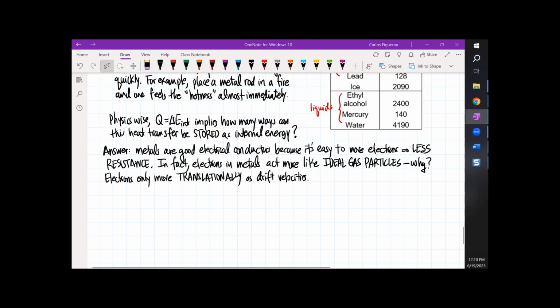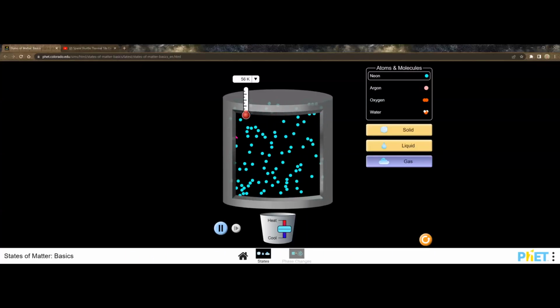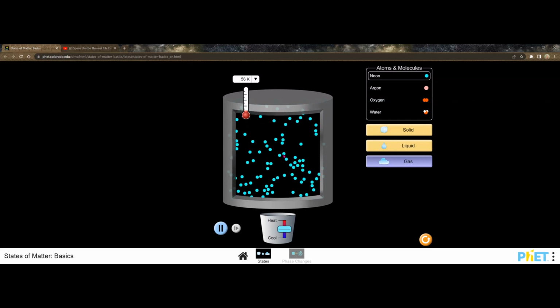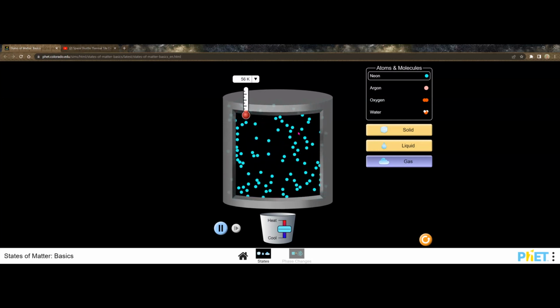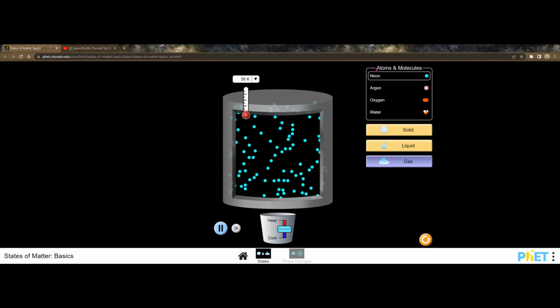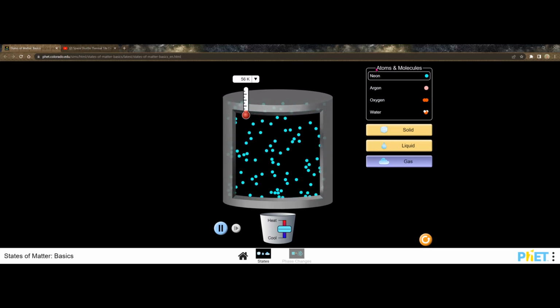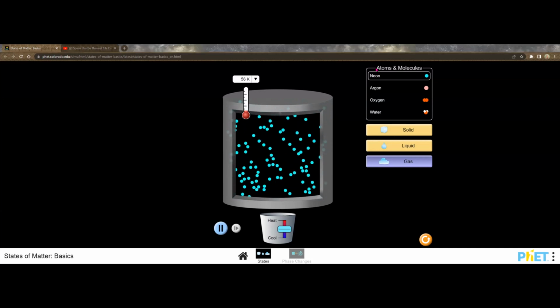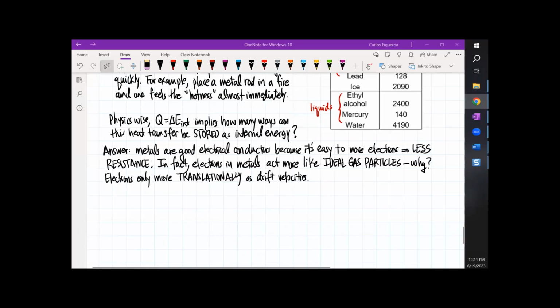So now, if I go look at this applet, what you're seeing here, what's going on? There you go. You could see here that if I have an ideal gas, the particles can only move linearly like this, translationally. There's nothing special about them. So if I come back to my screen here, I was just getting an image of this.